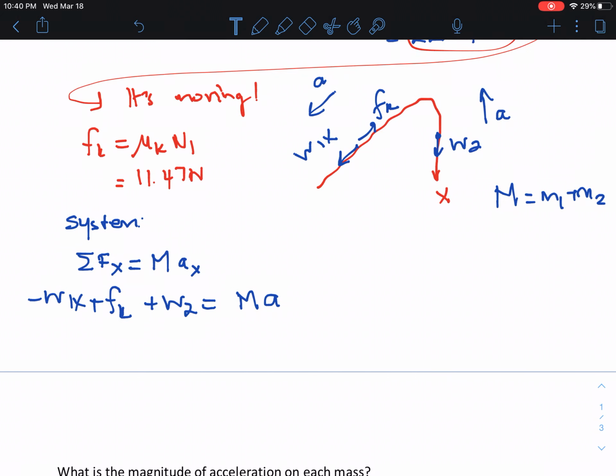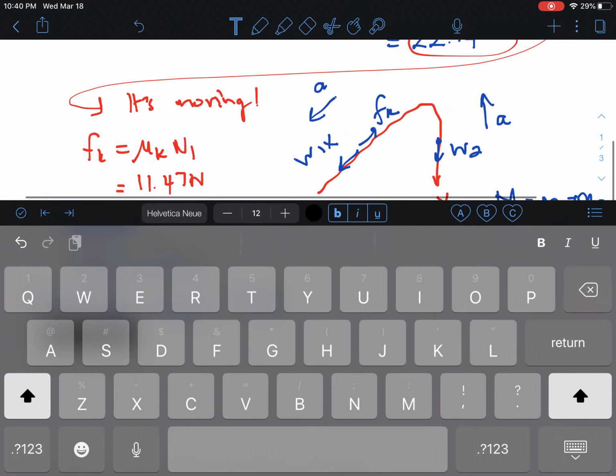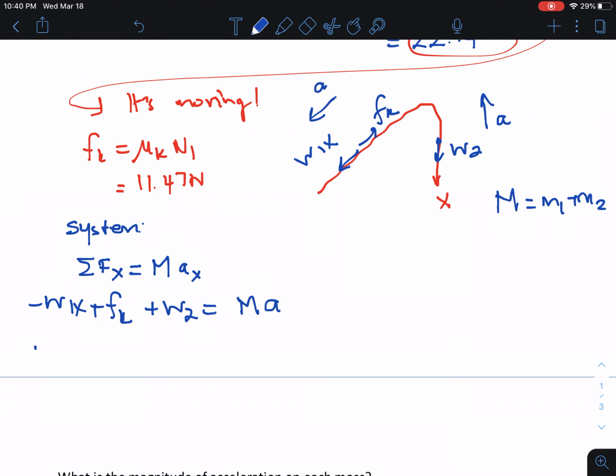So from this we can solve for MA. We already know W1x minus W2, we wrote that down, and we know what Fk is. Fk is 11.47 newtons.